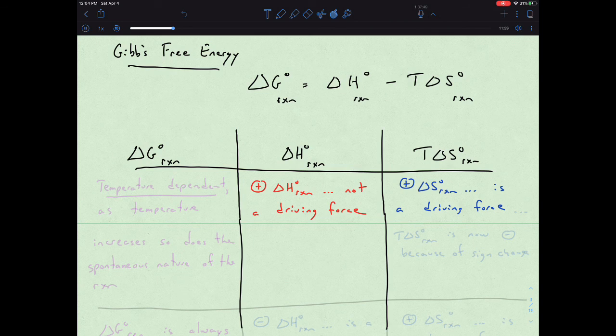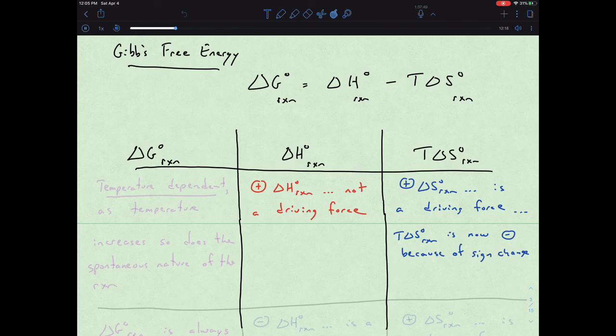And the reason for that is if we look at T delta S, that T delta S is now negative because of the sign change. Or we have that minus T delta S. So if now we plug that into the expression, we have a negative portion and a positive portion.